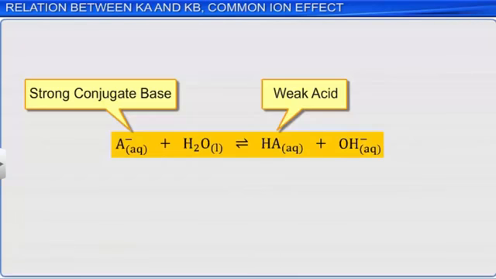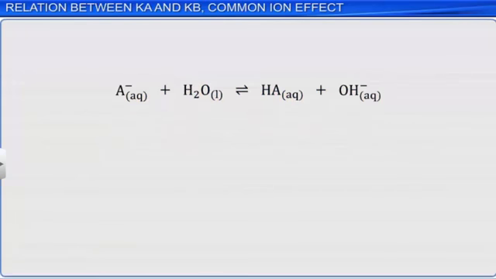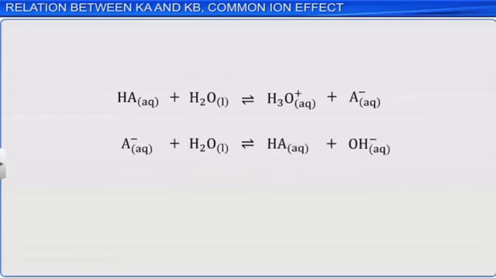The base dissociation constant Kb for the dissociation of this base can be written as the product of concentration of HA and OH minus ion divided by A minus. On adding these two reactions together, the common terms cancel out, leaving the autoionization of water.